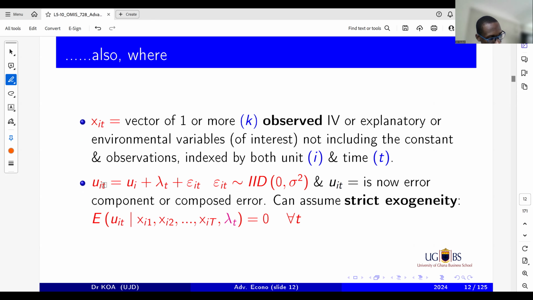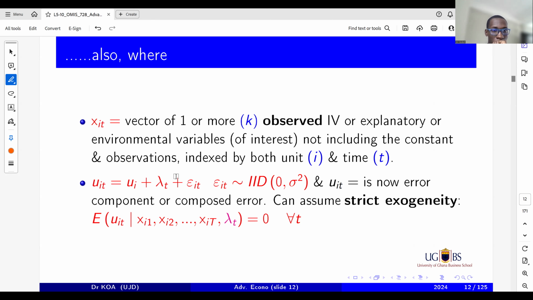Note that the composed error is independently and identically distributed, with a zero mean and a constant variance. It is just like the cross-sectional one, but just that it's decomposed in this context.